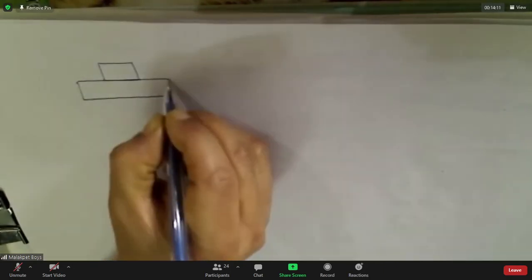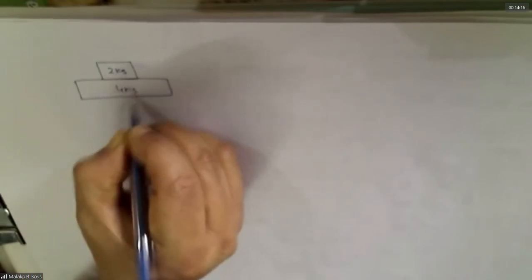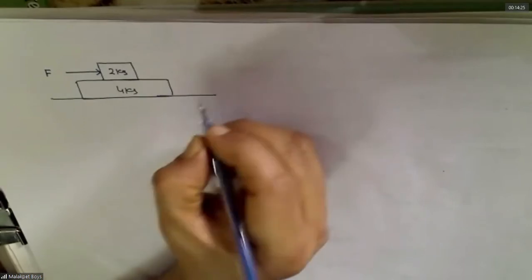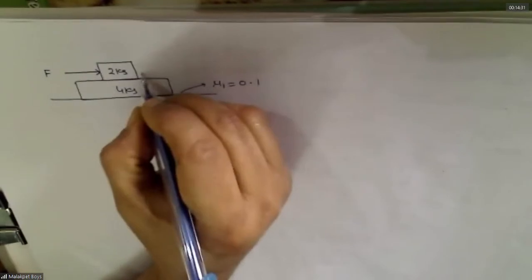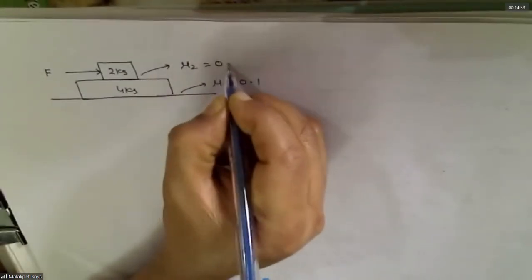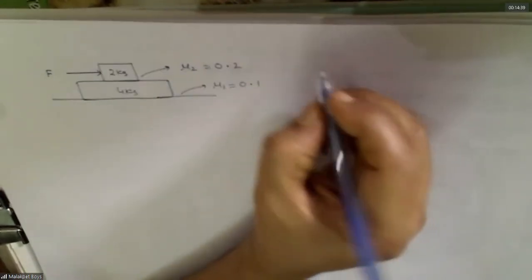Now let's get back to another question. Suppose we are having a block on a block. This is 2 kg. This is 4 kg. This is a plane surface. You are applying a force F. So here, understood this?